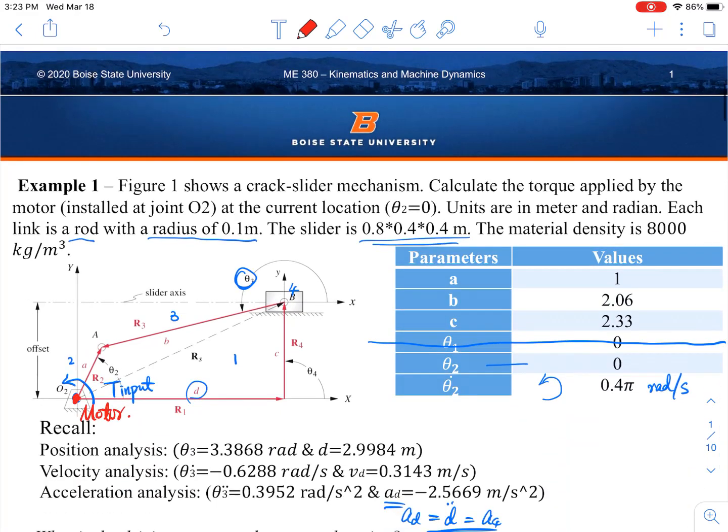In this case, we only calculate the torque input when your theta 2 is 0. But the MATLAB code actually gives you the entire torque values for different theta 2. So please make sure you check them out. You will definitely need these in your future projects and homeworks.